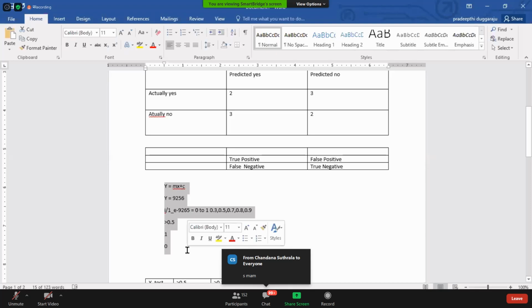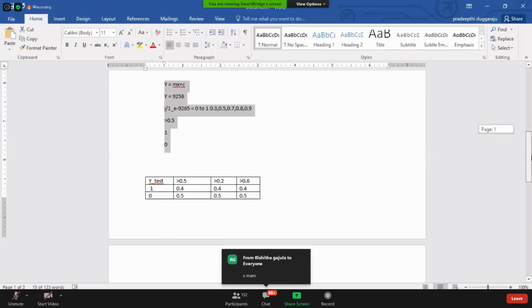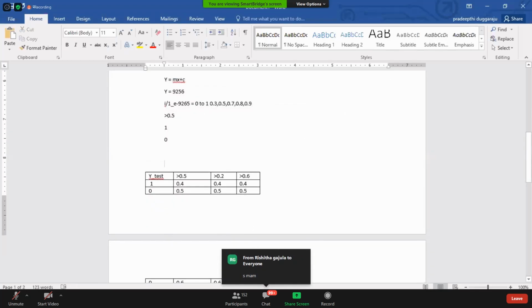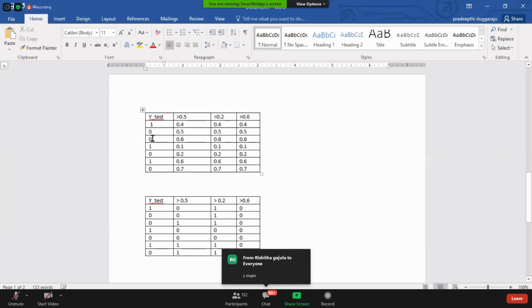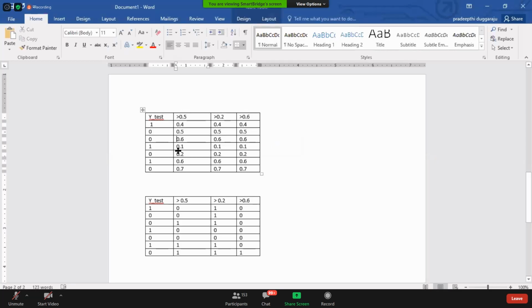Now, I am taking 3 thresholds like that. Okay. So I have 7 observations. Now, my algorithm has predicted 0.4, 0.5, 0.6, 0.1, 0.2, 0.6, 0.7, something like that. Let's suppose.